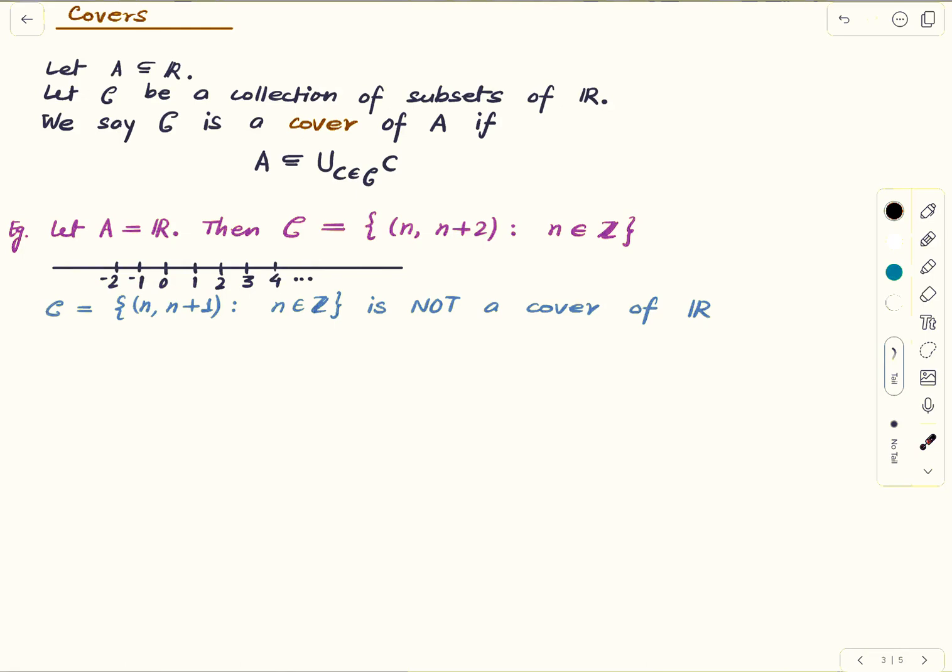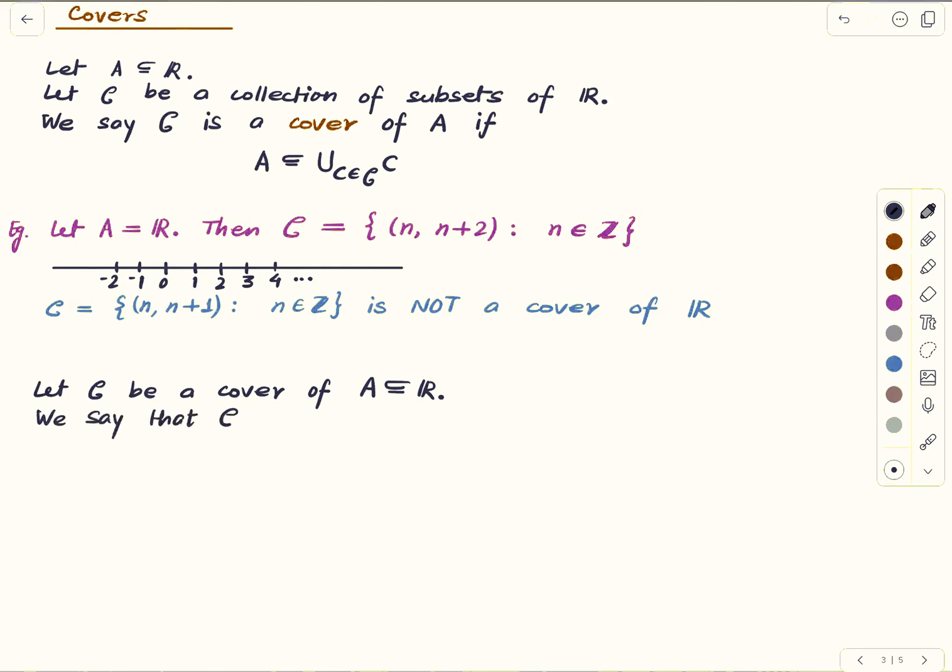Now we can define what is an open cover. Fix a cover of a subset A of R. We say that C is an open cover of A if each element of fancy C is an open set.